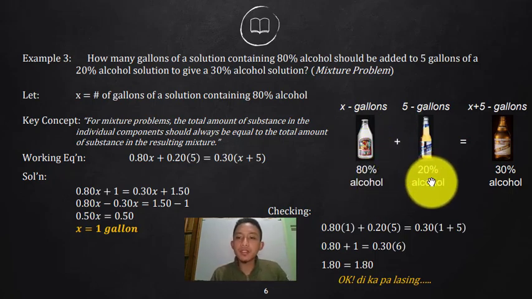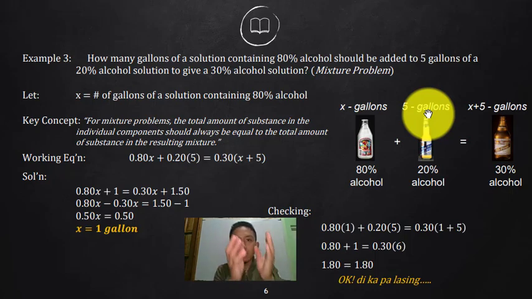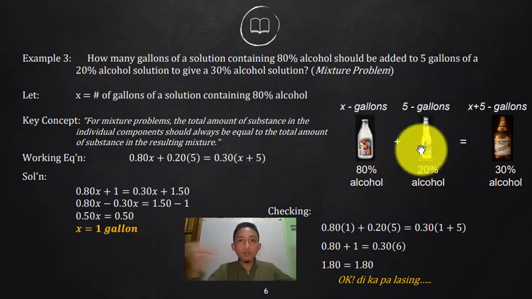Let's say 20% alcohol. It means that in that 5 gallons, or let's say in 1 liter, 20% of that 1 liter is alcohol. That is the meaning of 20% alcohol. That is your concentration. That is the meaning of your percent.